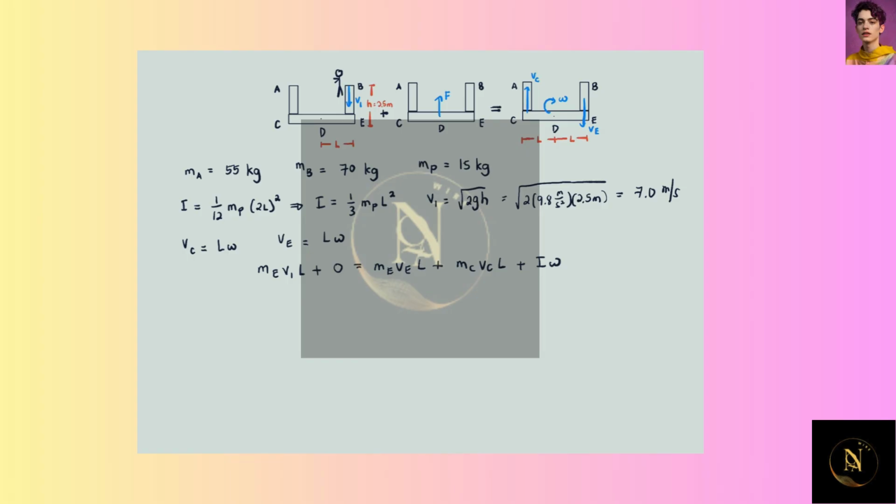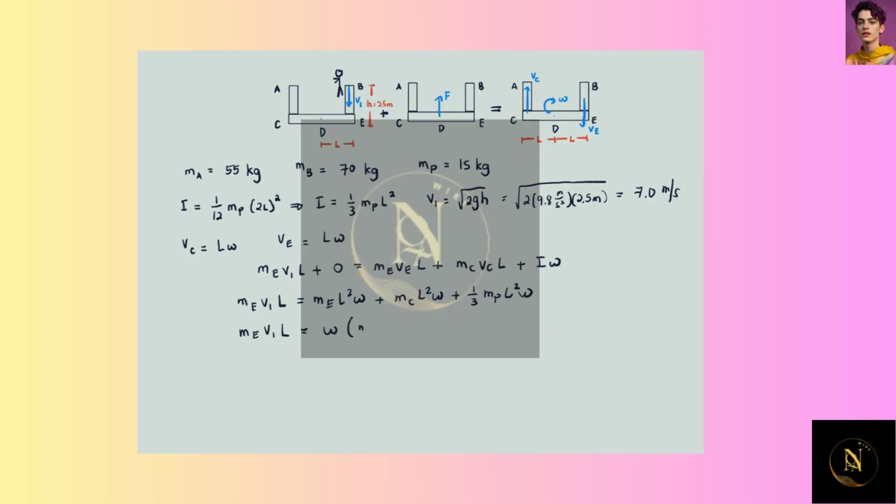So substituting our expression for VC, for VE, and for I, which we have written earlier, this will become ME V1 L equals ME L squared omega plus MC L squared omega plus 1/3 MP L squared omega.